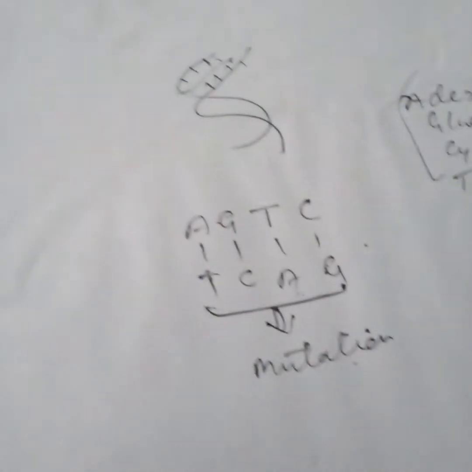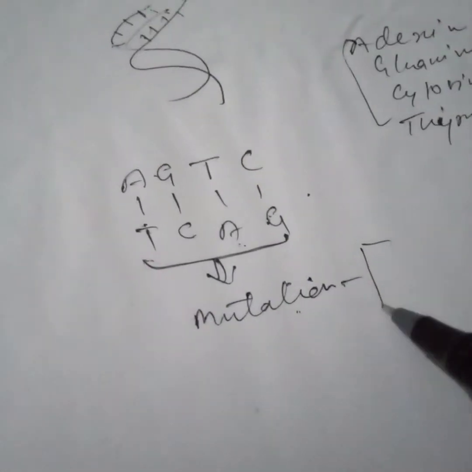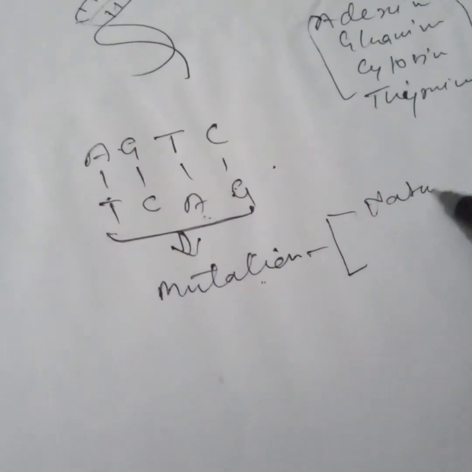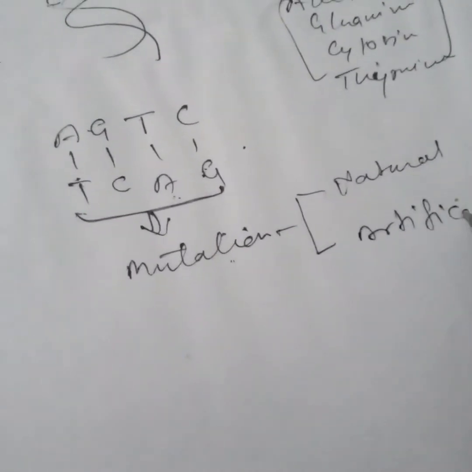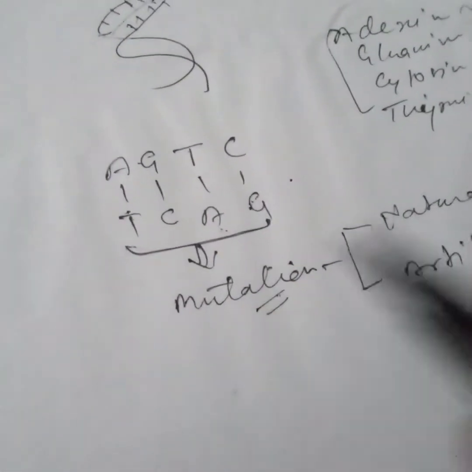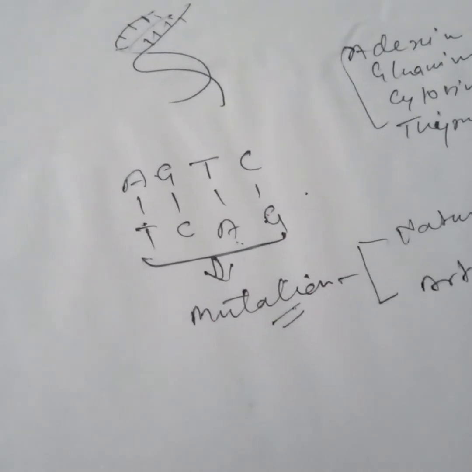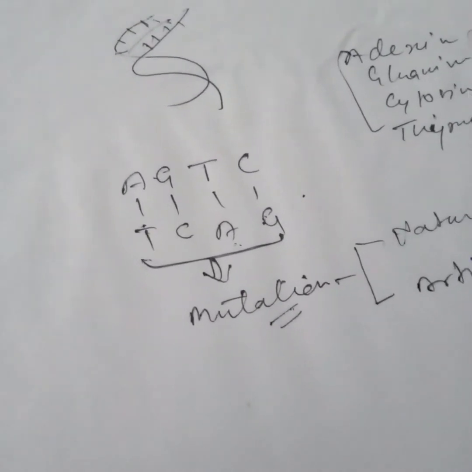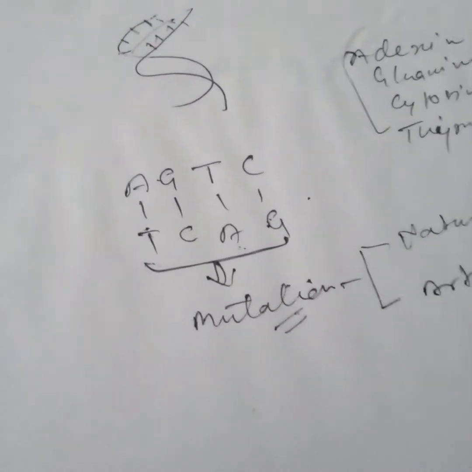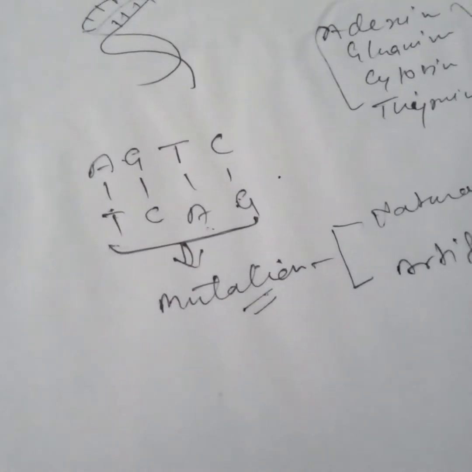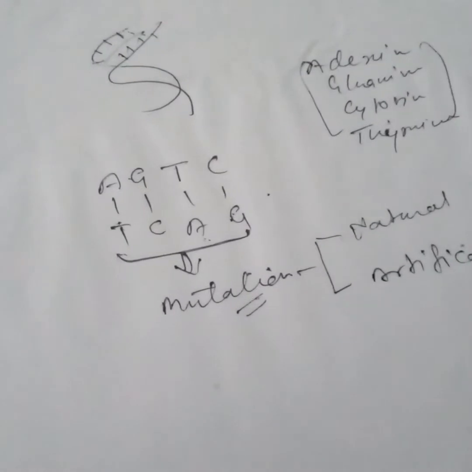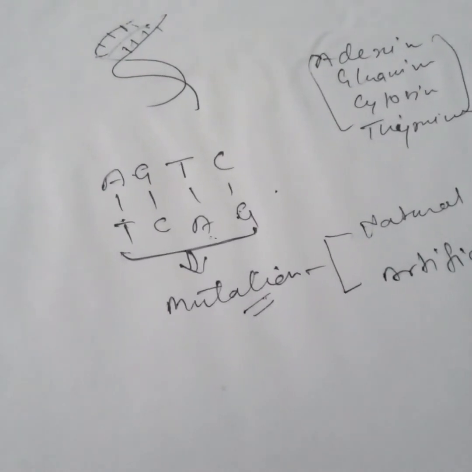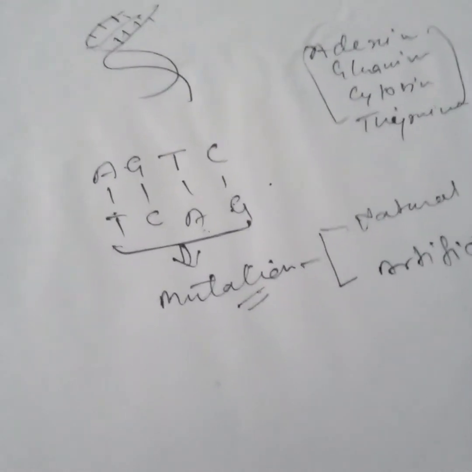And mutation can be natural and artificial. Due to this mutation, diversity or variation of genes takes place in a species, and due to this kind of change, variety develops.